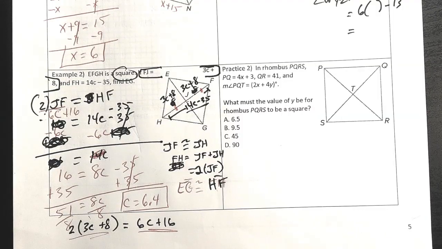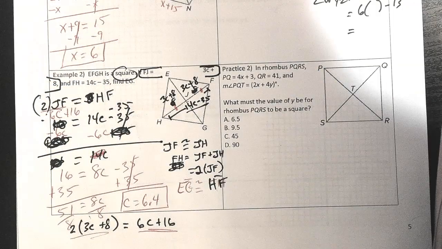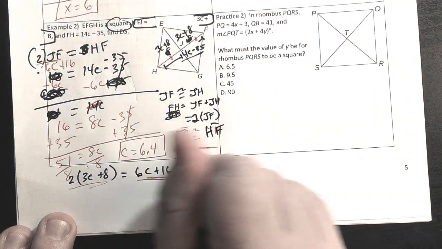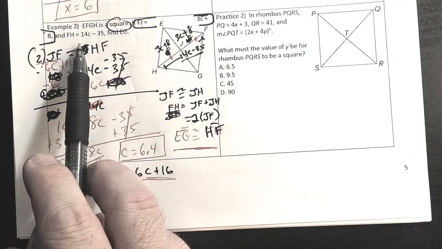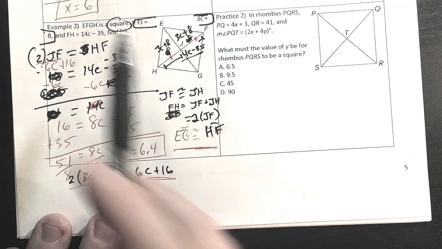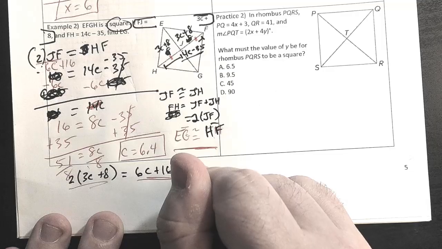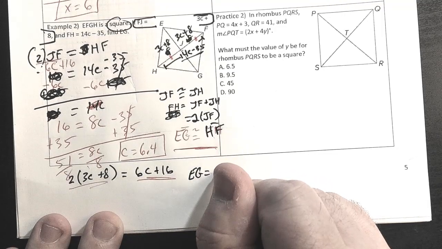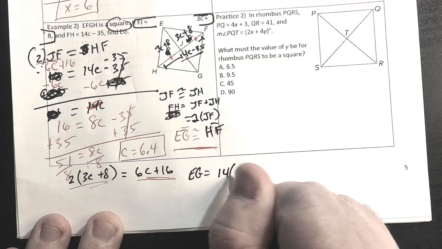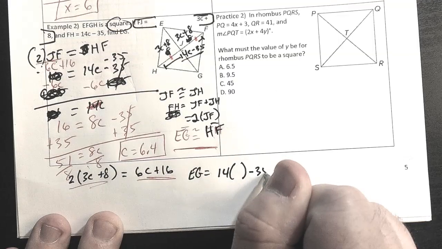Now, where did I plug it in below? So hold on, scooting down. So now, using this, where did they give us? Since EG and FH are both the same, we can say that it's 14C minus 35.